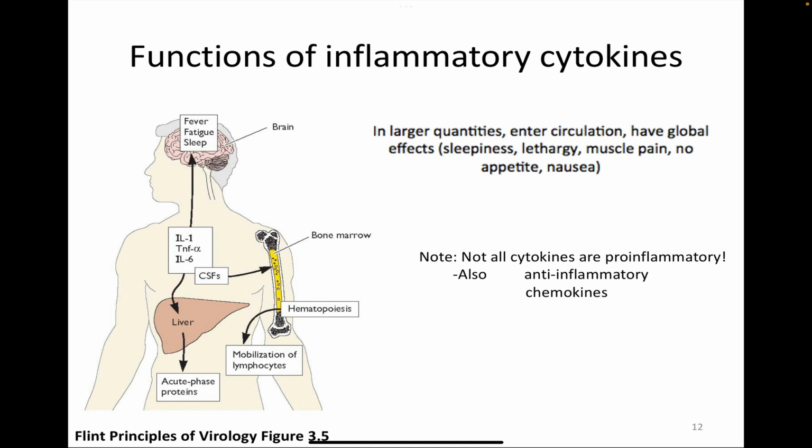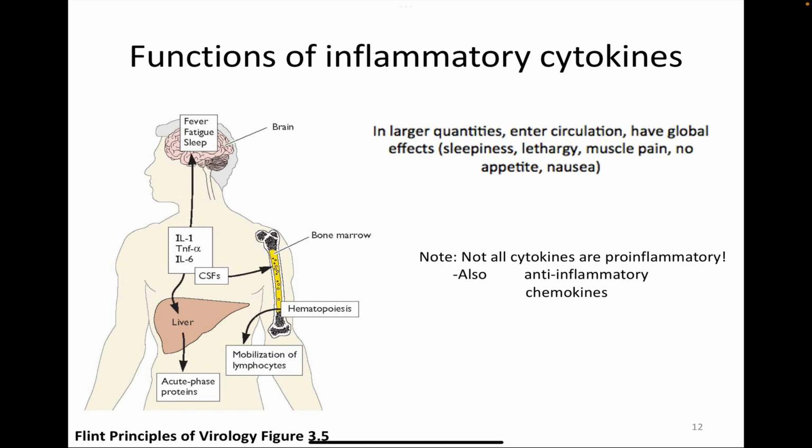In larger quantities, you're getting those cytokines in circulation, and they can have a bunch of systemic or global effects in the body. On the bone marrow, on the liver, on the brain. Some of those other effects include things like making you sleepy, making you kind of lethargic, making you have no appetite, making you nauseous.